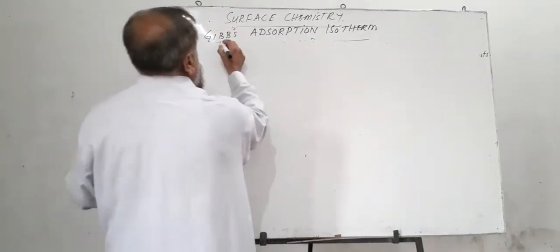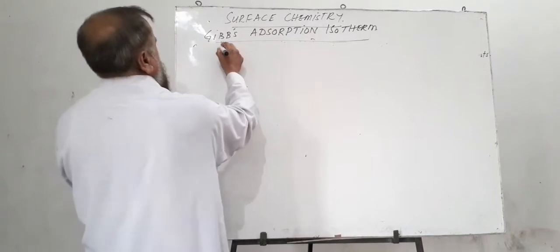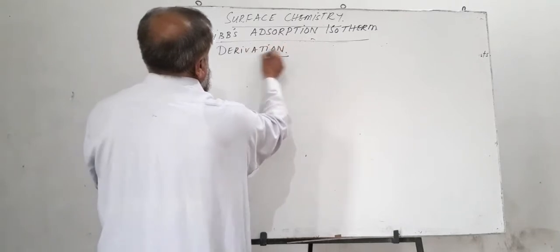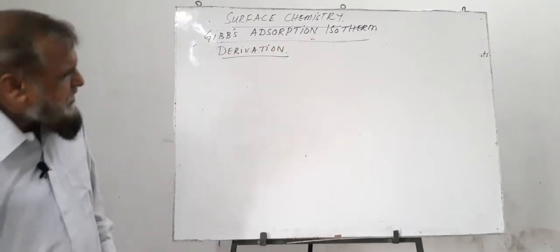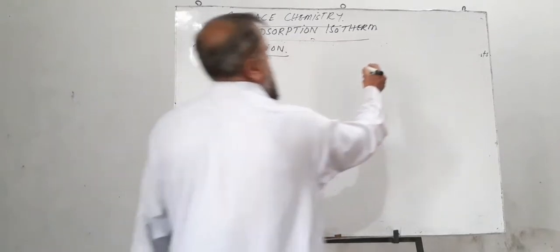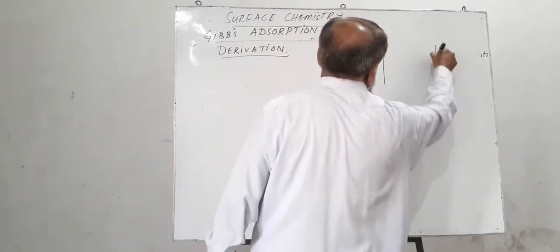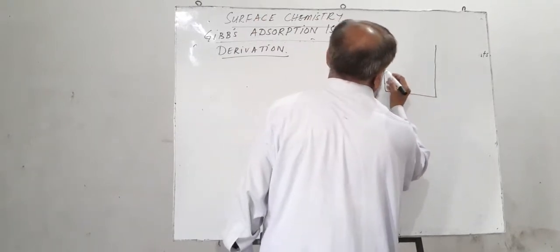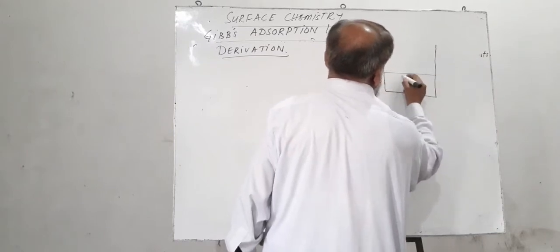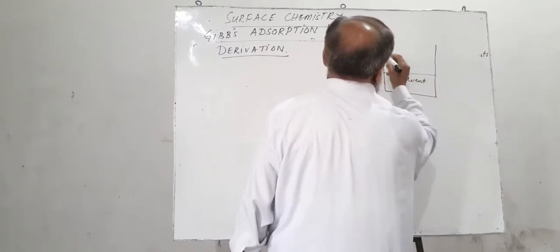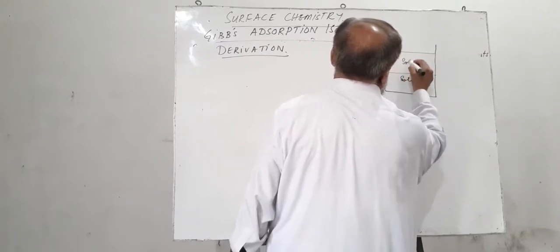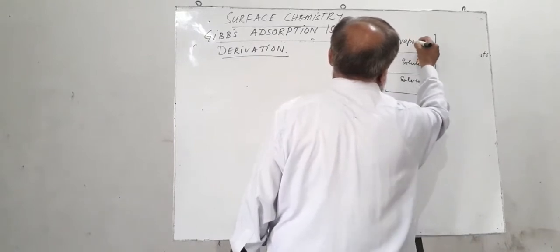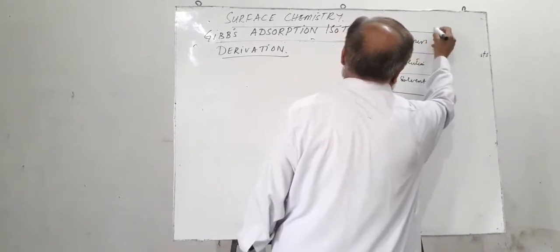Derivation of Gibbs adsorption equation or Gibbs adsorption isotherm. To derive this isotherm, we consider a system containing a solvent, a solution, and vapors in a closed vessel.